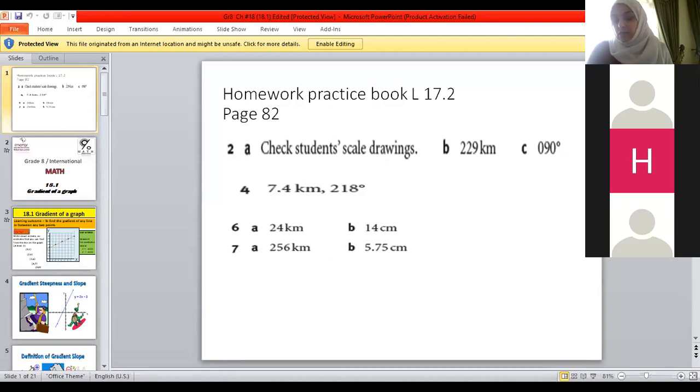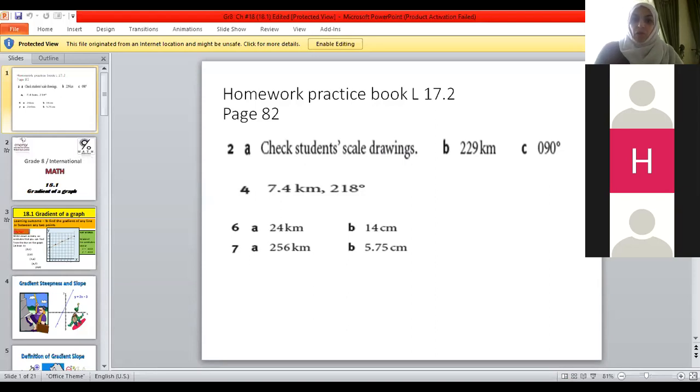You can check whether your answers were right or wrong by checking parts B and C. If you got the same answers, plus or minus, that means your drawing was right for the scale drawing in part A. Exercise 4 is the same. If you got 7.4 kilometers distance and 218 as the bearing, that means your drawing was right.